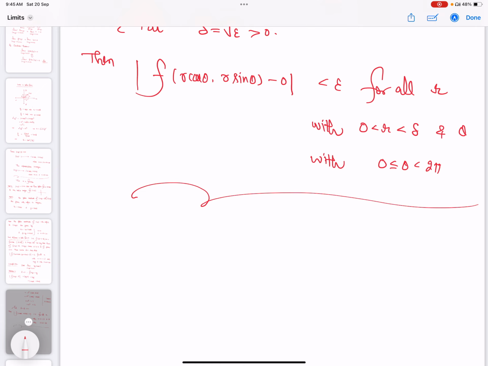What is the meaning of this? This means the limit of xy as (x, y) tends to (0, 0) is equal to 0.